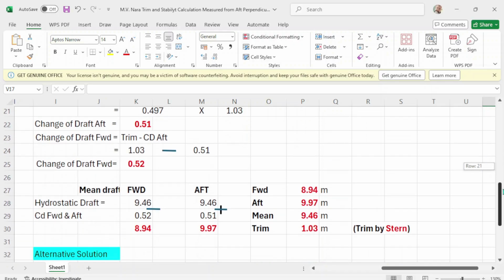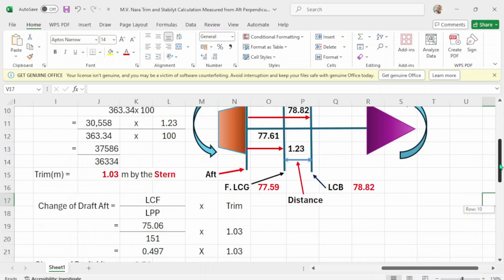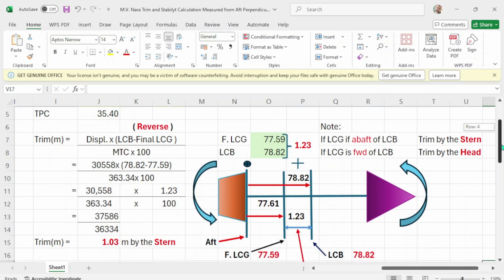Scroll down. What will be your mean drop is 9.46. Put it forward and look up 9.046, which corresponds to your displacement of 30558, is 9.46. That will be seawater.